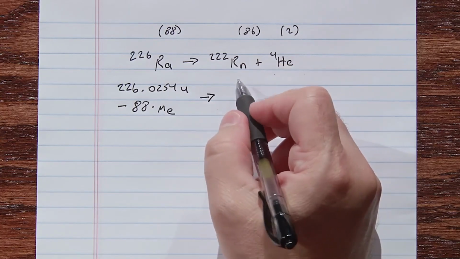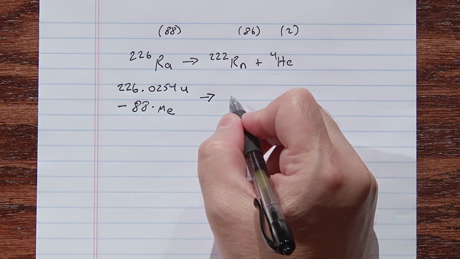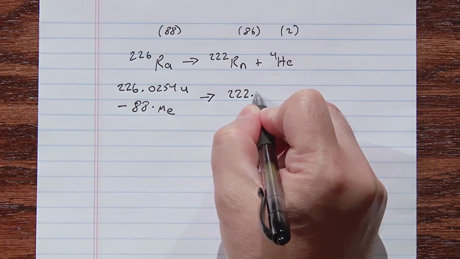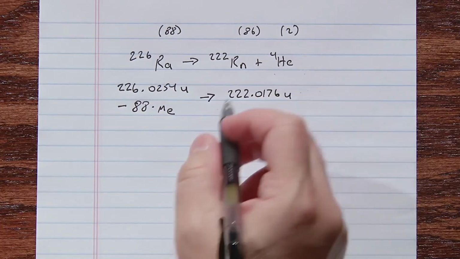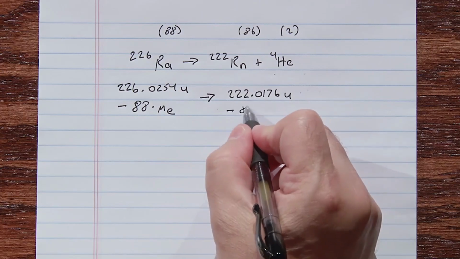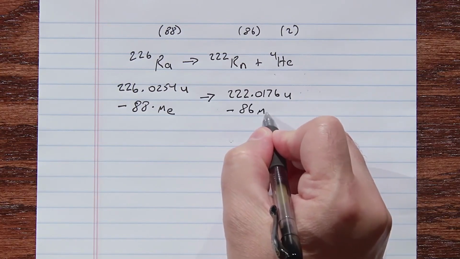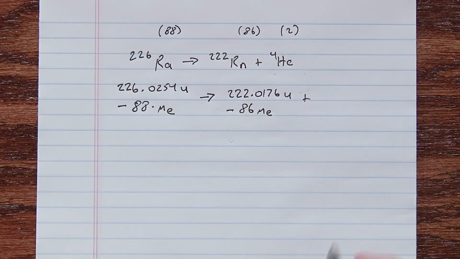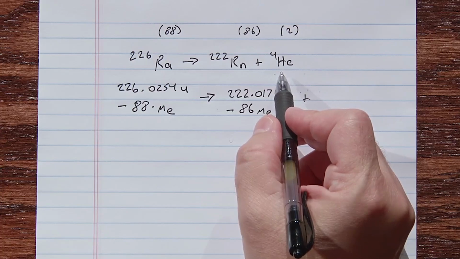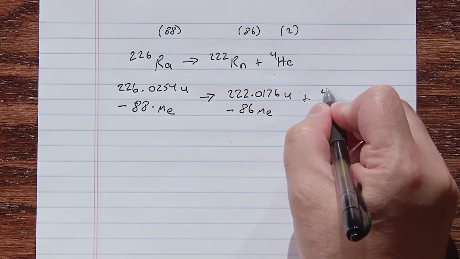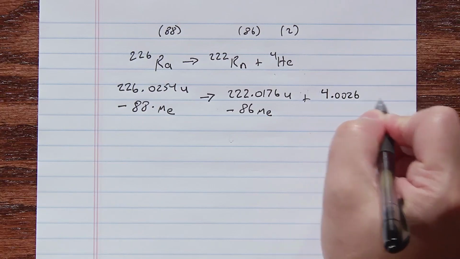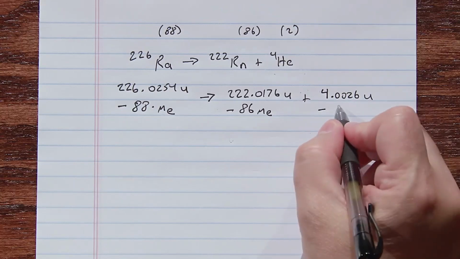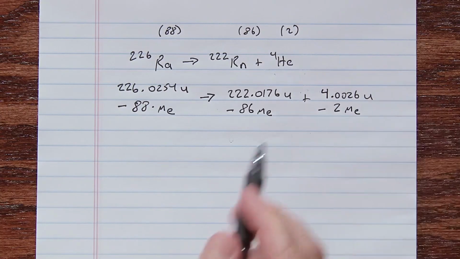And that becomes radon, which has an atomic mass of 222.0176 atomic mass units, and we'll have to subtract off the mass of 86 times the mass of an electron, plus the mass of an alpha particle or a helium nucleus, which is 4.0026 atomic mass units for the helium atom, minus the mass of 2 electrons, or twice the mass of an electron.